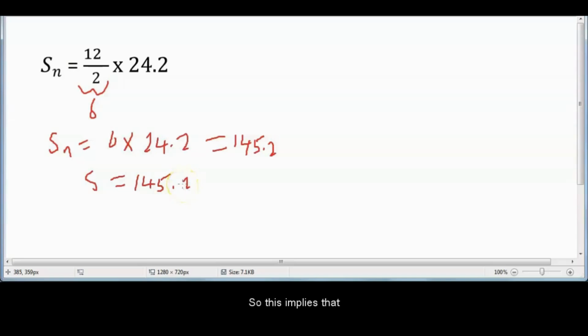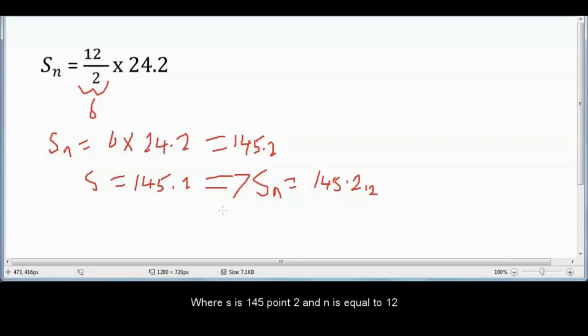So this implies that S subscript 12 is equal to 145.2, where S is 145.2 and n is equal to 12. Let's go ahead.